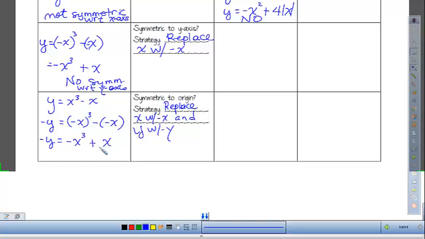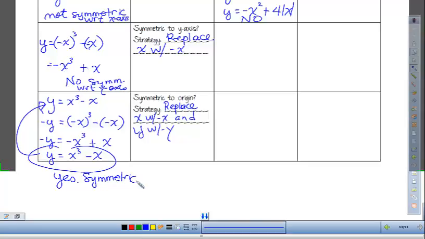And then when I multiply both sides by negative 1, I get y equals x cubed minus x, which is the same as what we started with. So we can say yes, it is symmetric with respect to the origin. Okay, questions about that?